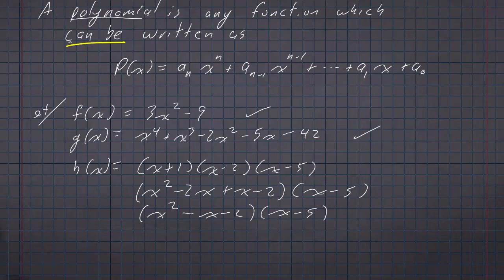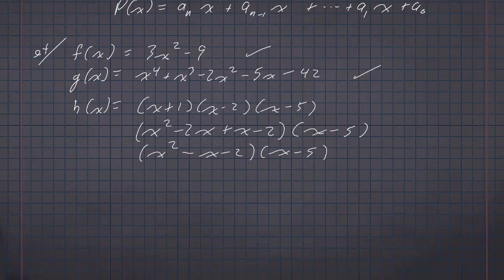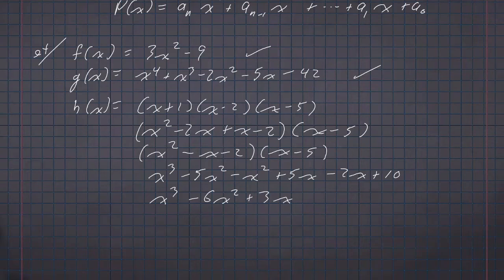Then if I multiply that times x minus 5, I'll get x cubed minus 5x squared minus x squared plus 5x minus 2x plus 10, or x cubed minus 6x squared plus 3x plus 10 when the dust settles. Originally, it didn't look like a polynomial, but after simplifying, it does. And so this thing is a polynomial as well.